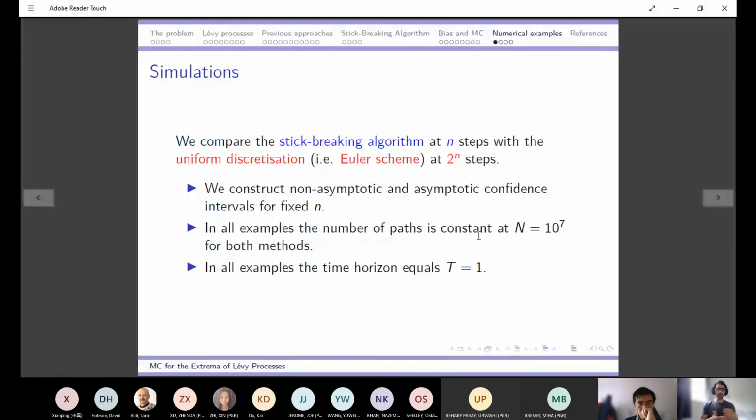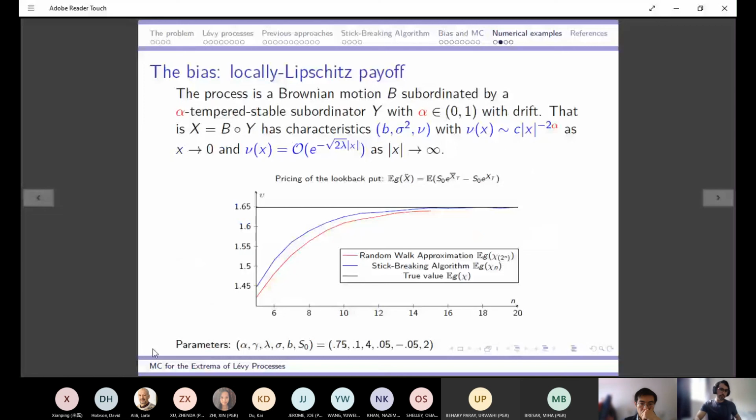Okay, and just to compare these methods once again, I will now show you some pictures where I contrast the stick breaking algorithm with just n steps, and the uniform discretization, the Euler scheme with 2 to the n steps, so the one where we had this uniform grid. This picture shows how quickly the bias is converging to 0. So the bias would be the difference between this black line and the blue line, or the black line and the red line.